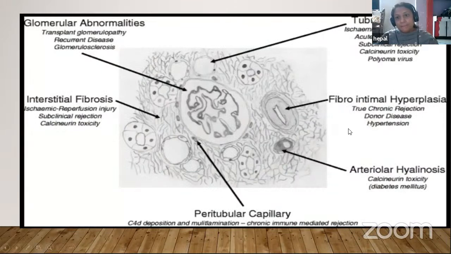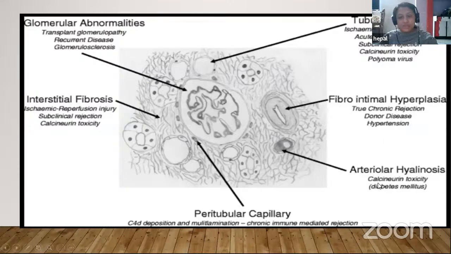This is a pictographic presentation of various histopathological findings with their underlying etiology. Tubular atrophy happens with ischemic reperfusion injury, rejection, acute severe or subclinical calcineurin toxicity, or polyoma virus. Fibrointimal hyperplasia is a true chronic rejection, due to donor disease and hypertension.